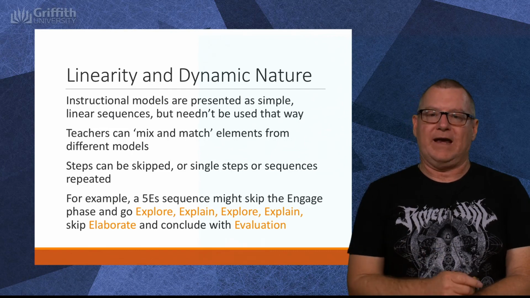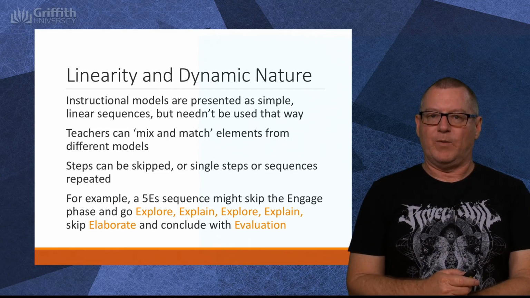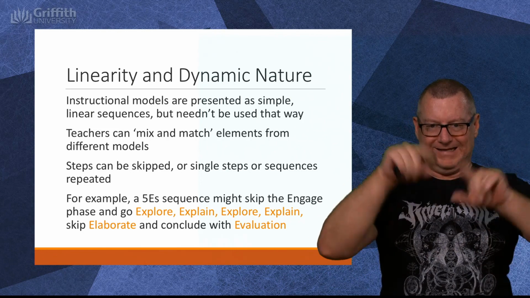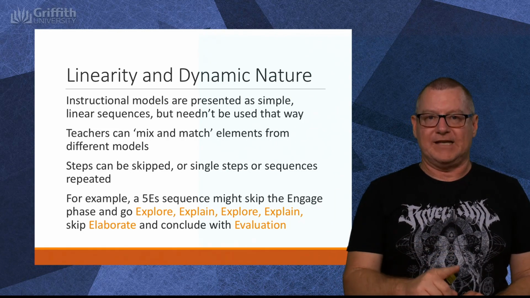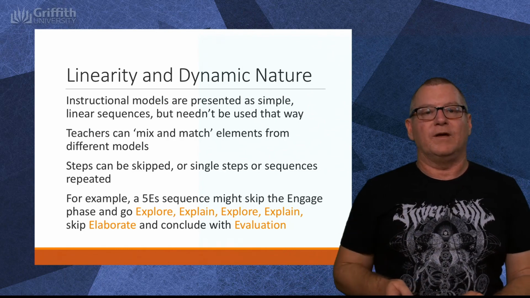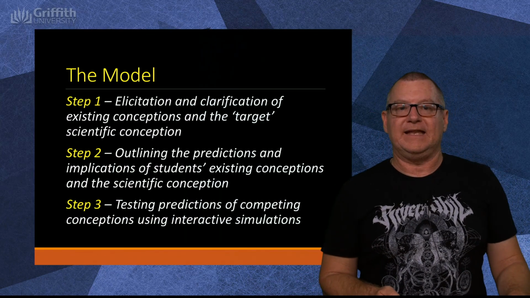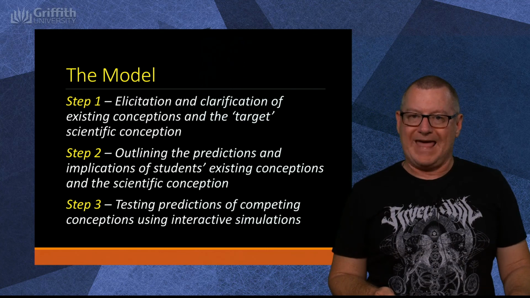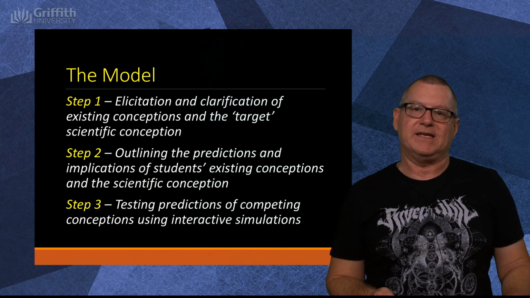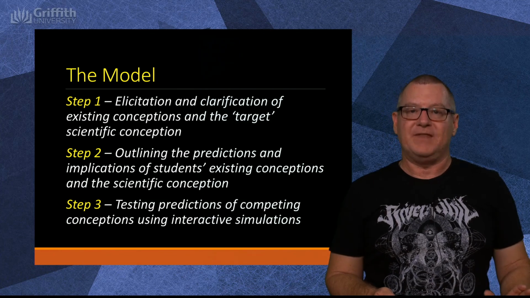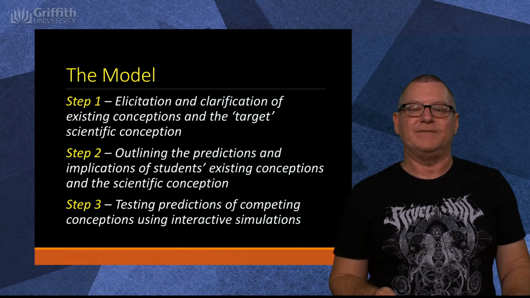Well, we said that already, right? We said that right at the start with the flower petal diagram of the 5 E's. They are not necessarily linear models. And so this model has linearly ordered steps, but you needn't do them in that order. It's dynamic as well. You can change the order around, you can repeat steps, you can skip steps, etc. These are professional judgments that you'll make yourself.